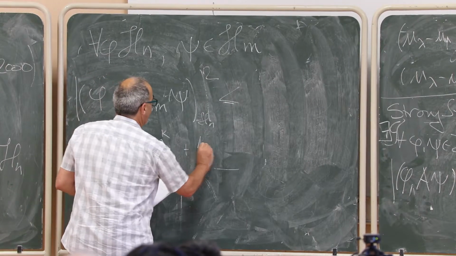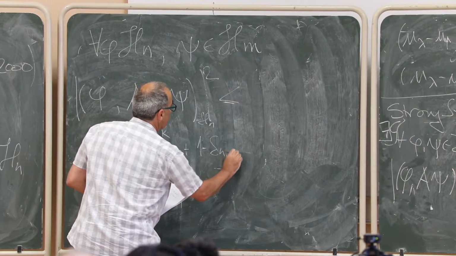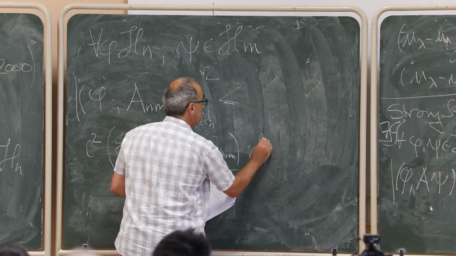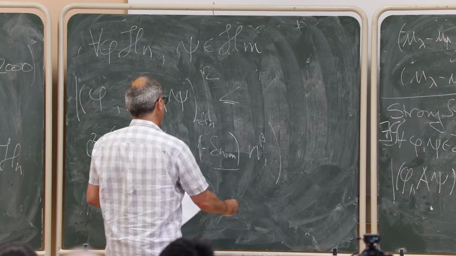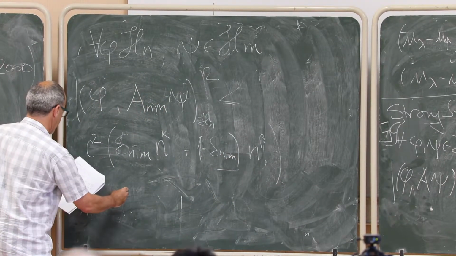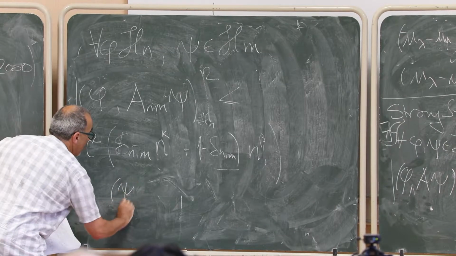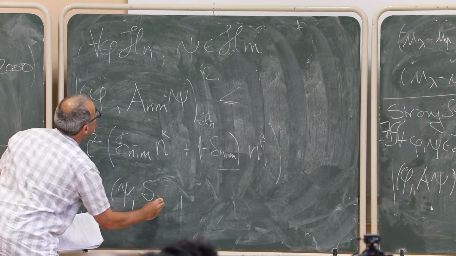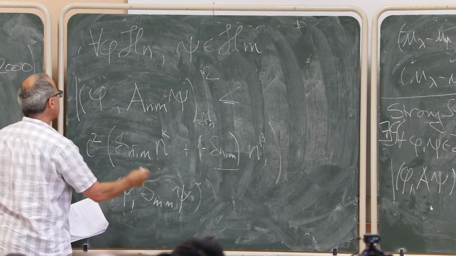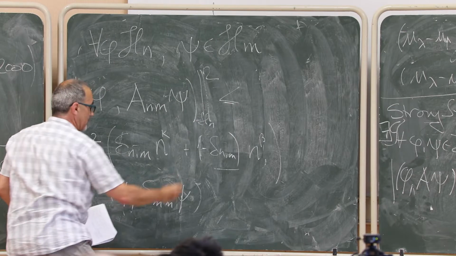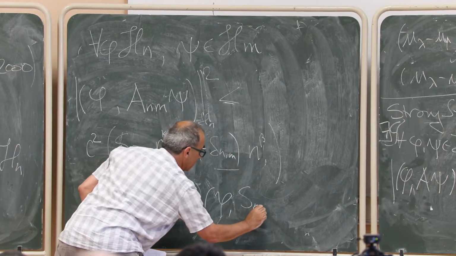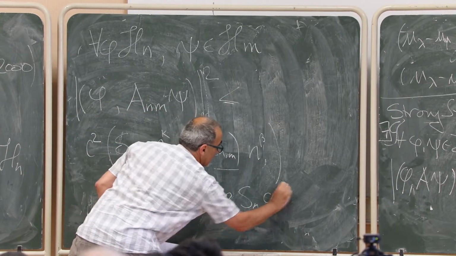Plus, if you are off diagonal, then this must be n to the beta, and with the following times, I forgot to write times, I have psi s mm psi, and that is squared, and phi sn phi.